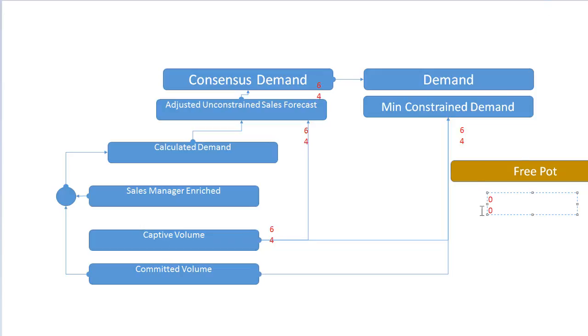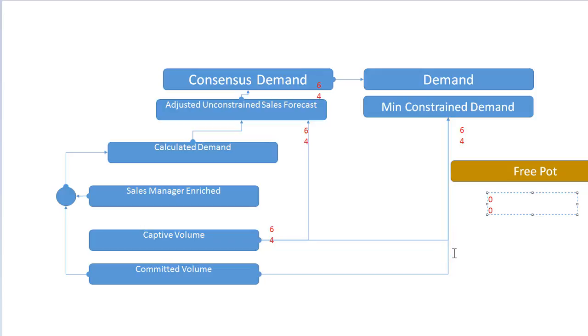As an important remark, it has to be highlighted that the captive and committed volume are moved to the minimum constraint demand also via a copy operator. This is not a calculation carried out with the calc engine in IBP. It's a copy operator.